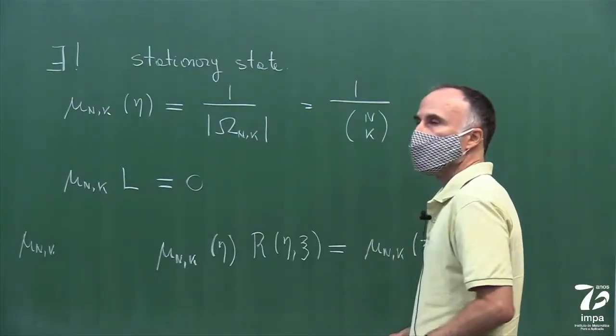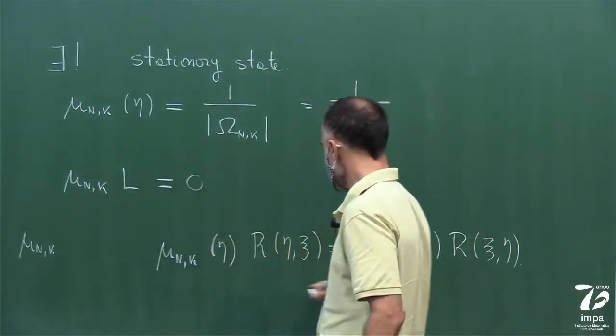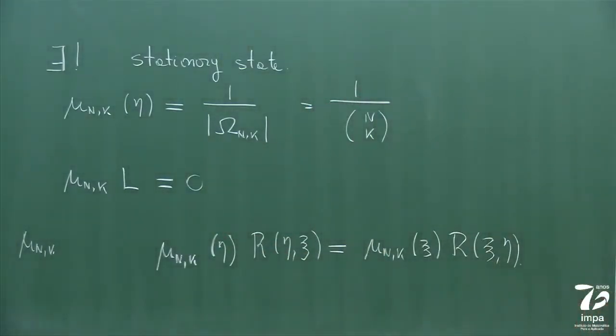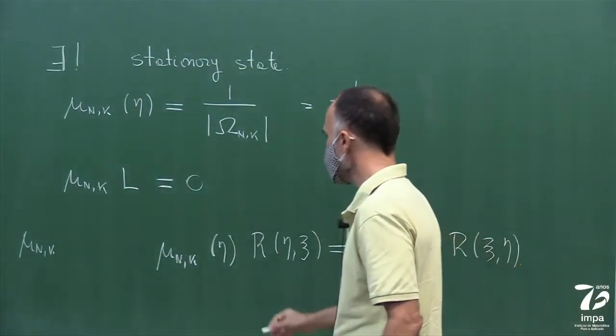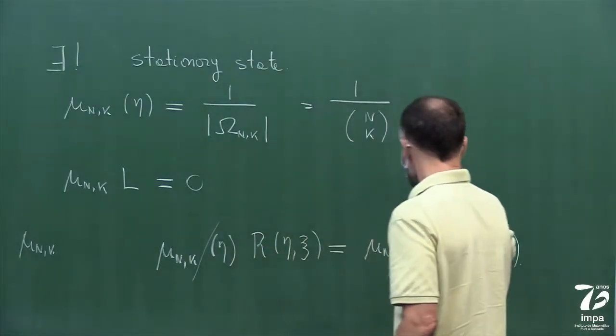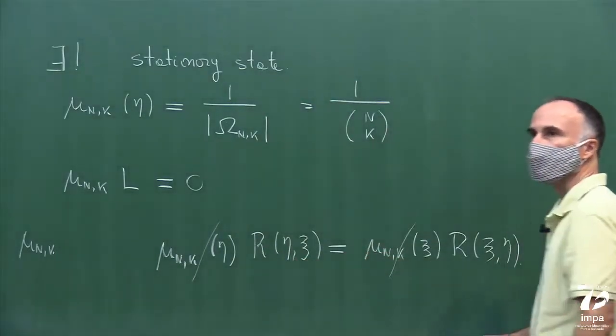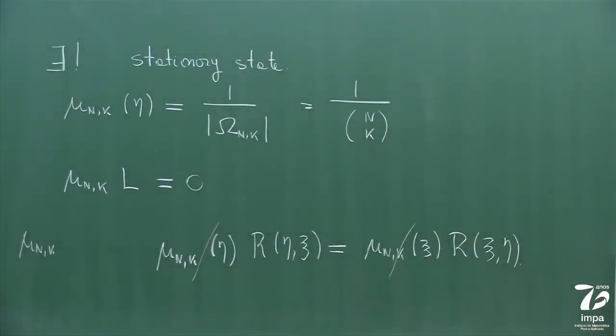Fine. But in order to prove that this identity holds, since mu is uniform, what I have to show is that r, the jump rate, is symmetric.